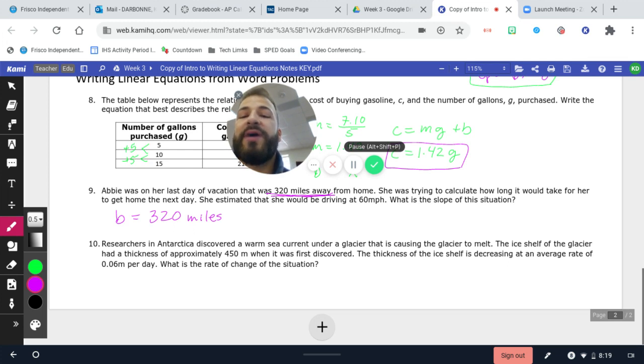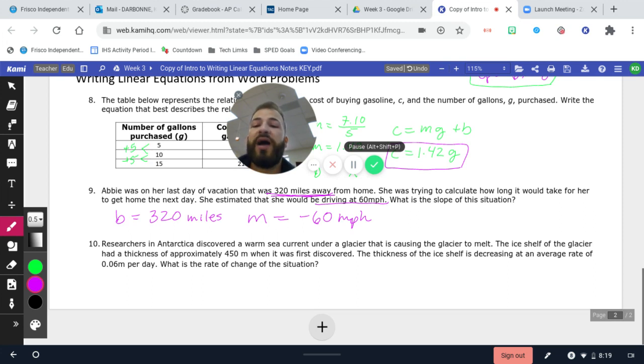So I'm actually going to say my slope, in miles per hour, and we see that "per" word. That's what MPH means, so that's why we know this is our slope. So our slope would be equal to negative 60 miles per hour because she's getting closer. She's subtracting away 60 miles every hour from her distance.